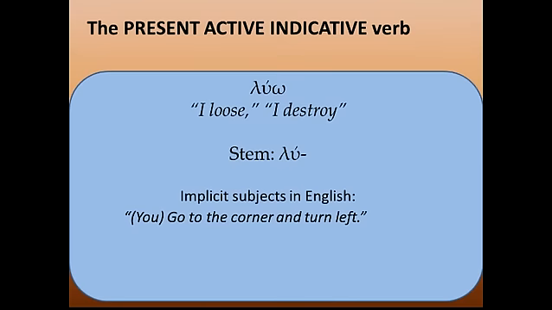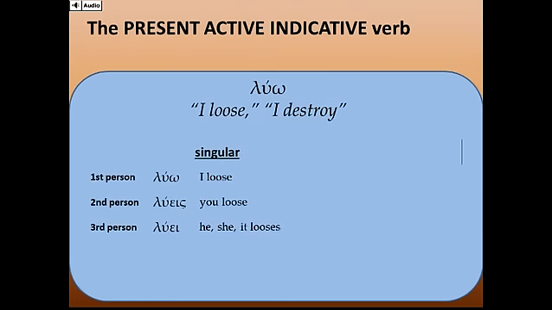And so in this example, the subject is really implied. It's implicit in the verb, you could say. Well, that's the way Greek verbs are. You may have studied some of the Romantic languages like Latin or French or Spanish. In those languages, too, you're going to find that the verb tells you what the subject is.